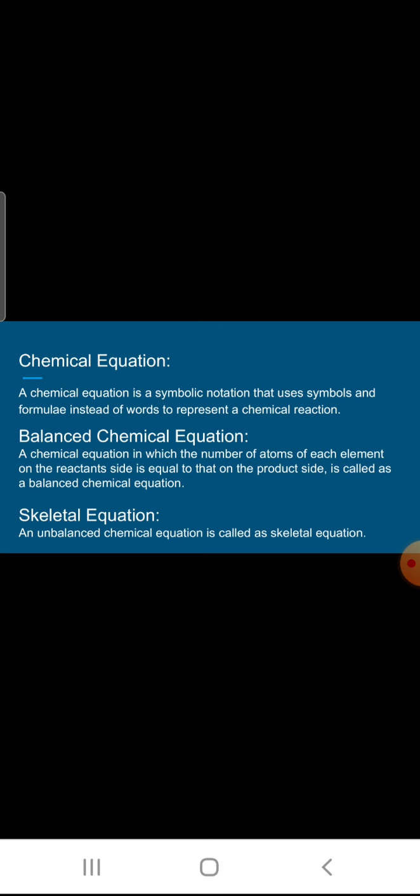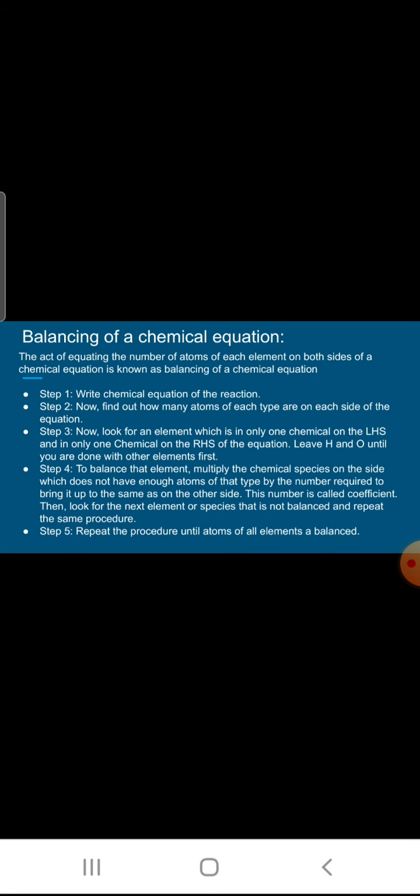Now, I will explain next topic, that is how we can balance a chemical equation. See, most of the unbalanced or skeletal equation can be balanced by following the steps which I am explaining.